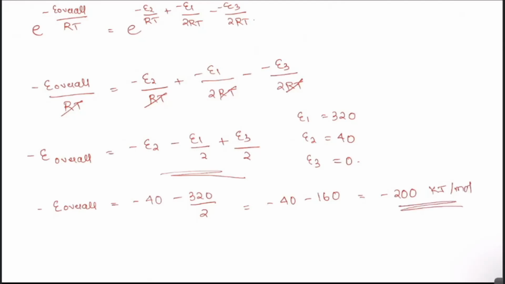So minus E overall is minus 200, so E overall will be 200 kilojoule per mole. So the overall activation energy is 200 kilojoule per mole.